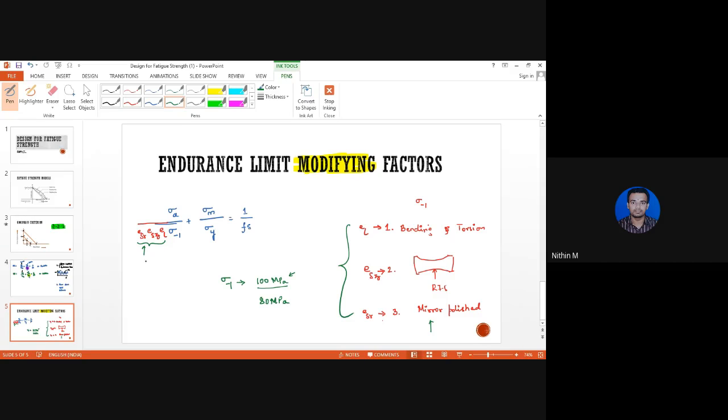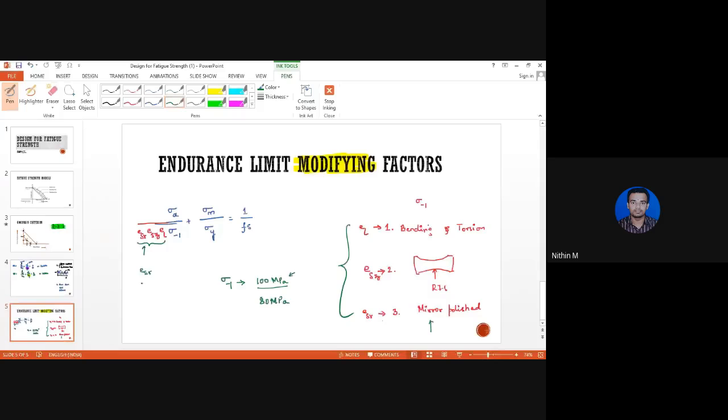The endurance limit would increase, right? So always these three values, ESR, ESZ and EL, will have a value which is less than 1.